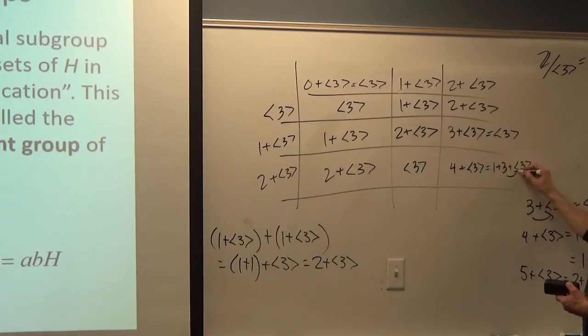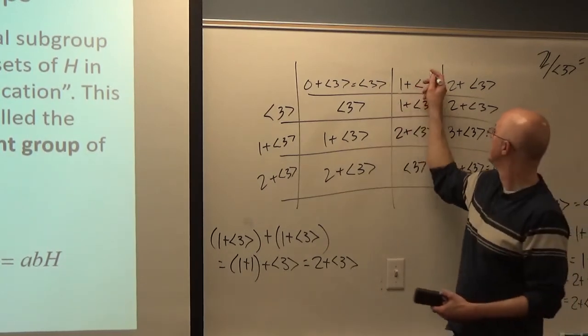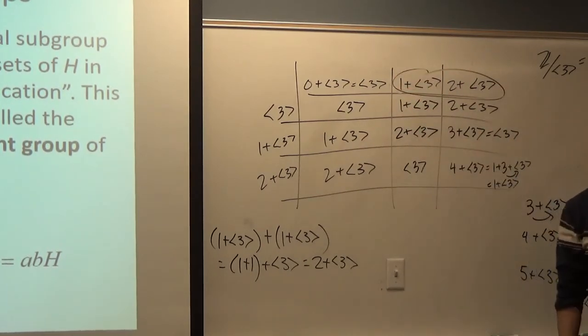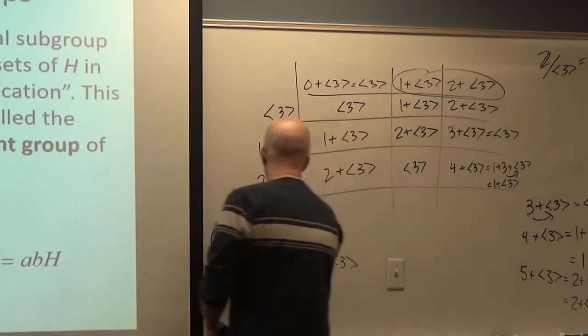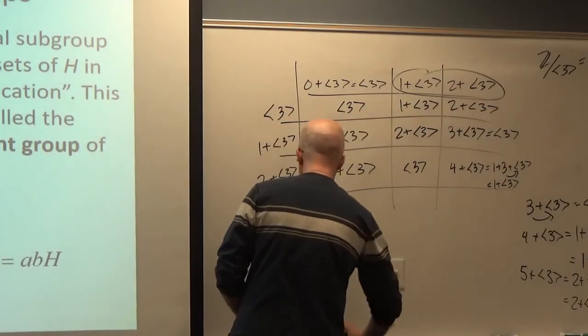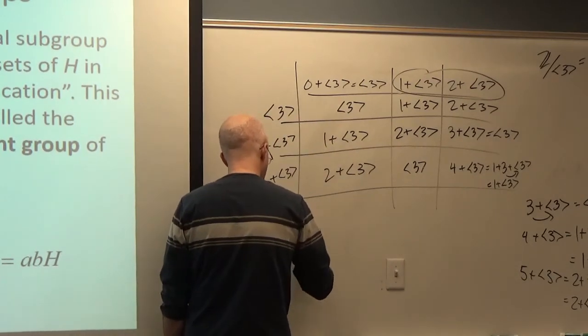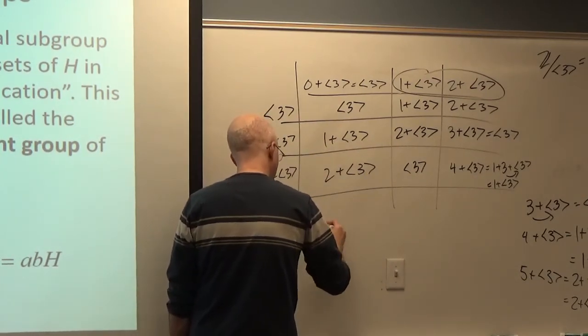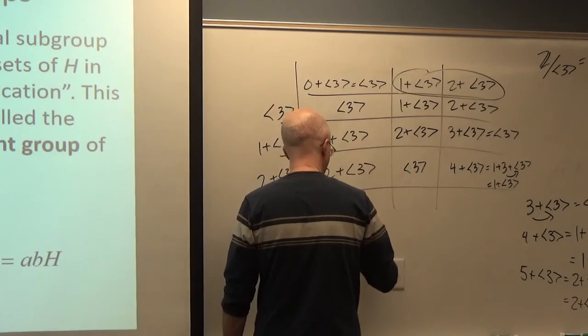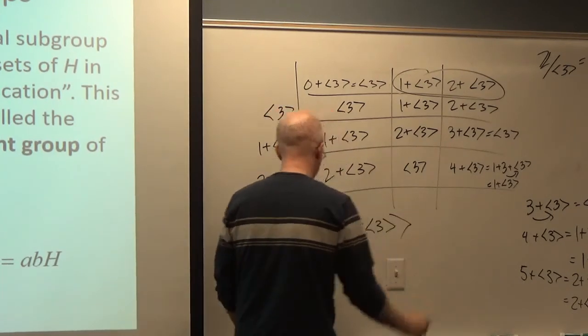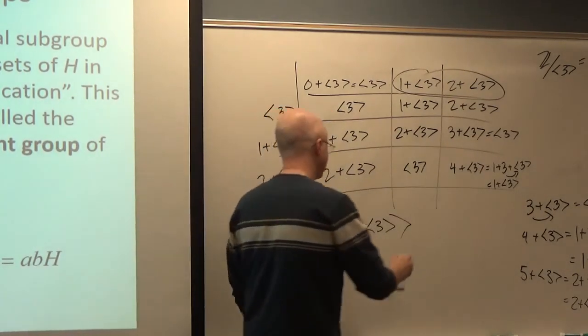The 3 gets sucked in. This is cyclic. It's generated by both of these elements. Those are your two elements of order 3. And you can write kind of crazy looking equations like this, say. Okay, kind of weird, but this is valid.